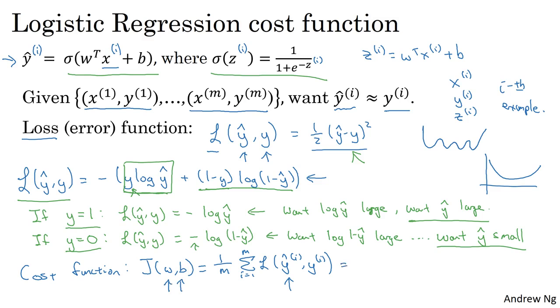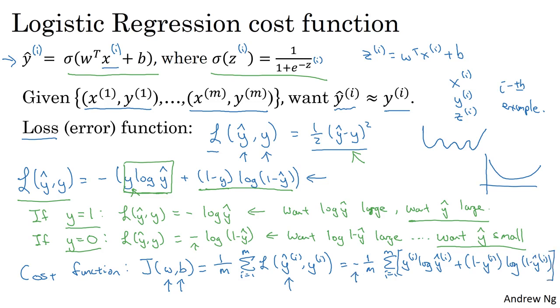And so just to expand this out, this is equal to negative 1 over m sum from i equals 1 through m of the definition of the loss function above. So this is y^i log y hat^i plus 1 minus y^i log 1 minus y hat^i. I guess I can put square brackets here. So the minus sign is outside everything else.